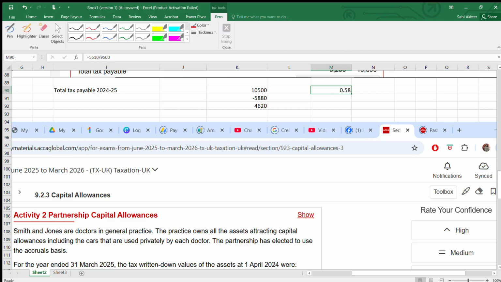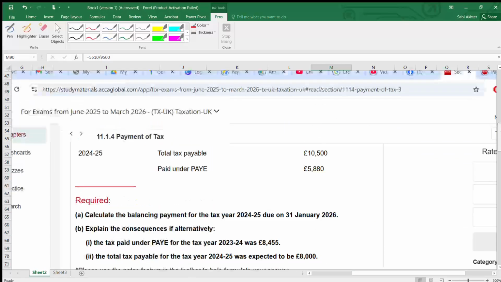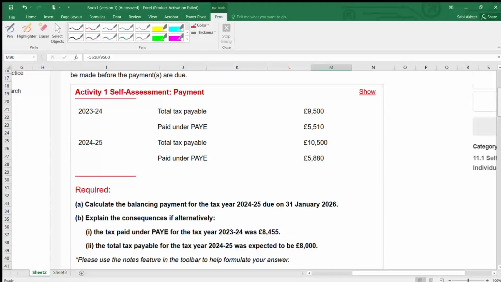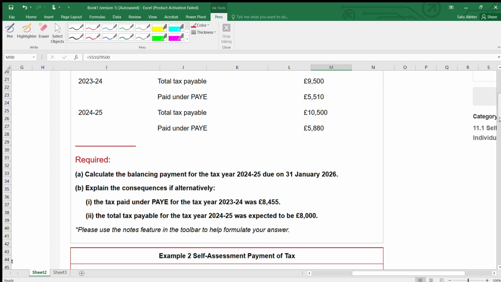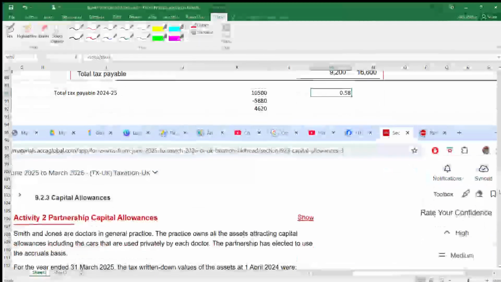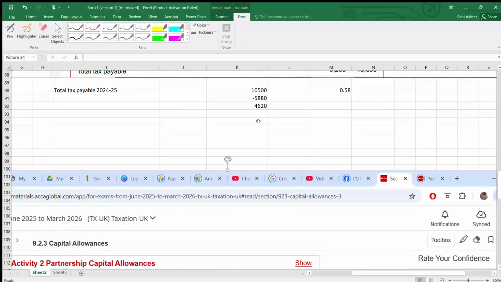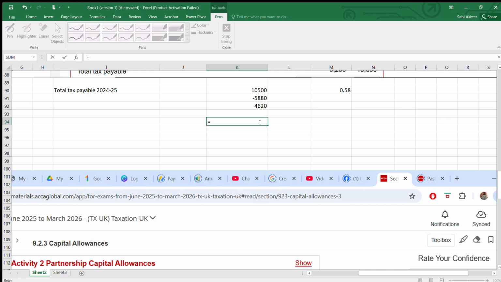If you want to find your payment on account, it is here: 9500 and 5510 deduct. Then you have to find half of it. So 0.5 into 9500 minus 5510.